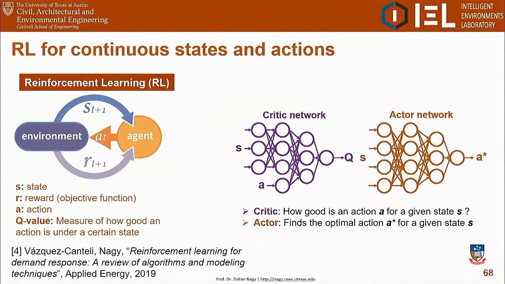So long story short, we will have the environment and the agent taking actions over it. And then in order to address the problem, of course, of dimensionality, we will use a critic and an actor network. The critic network is evaluating how good an action is given a certain state. And then the actor is just trying to estimate what is the optimal action given a certain state.